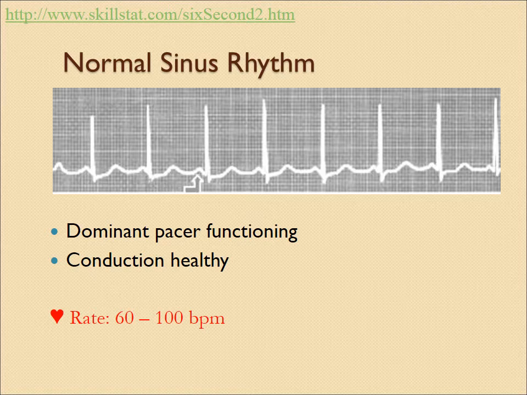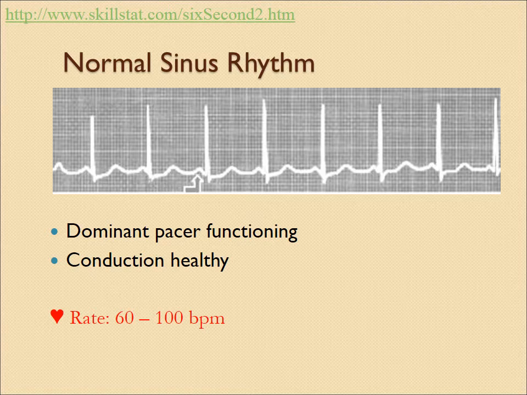So 85 rate. Then the next thing I'm going to look at is, is it regular? I see the QRSs running across normally. I see the P waves running across normally. They're marching out perfectly, so it's regular. I'm looking at the P waves. They're upright and they're before every single QRS. I'm looking at the PR interval. It is normal.